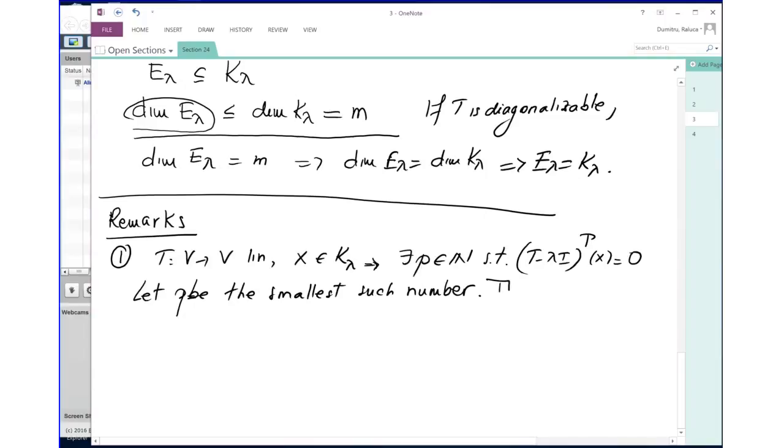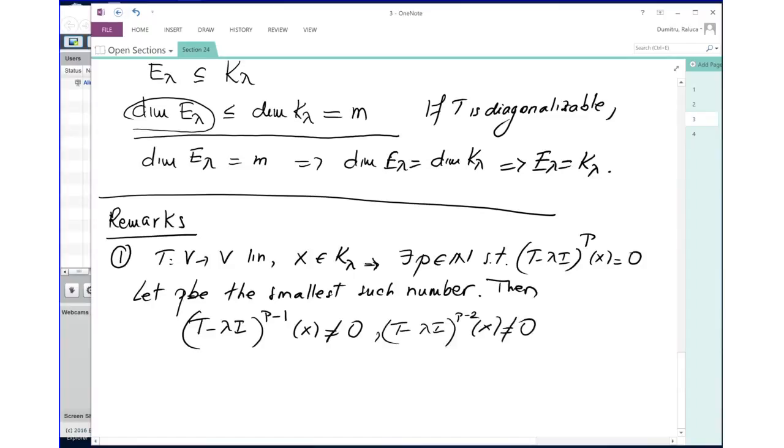If it's the smallest, that means that the powers that are less than that, so the p minus 1 power, when applied to x, is not going to be 0 anymore, right? Even if I subtract 2 from p and still get a positive integer, when applied to x, I'm still not getting 0. So it's the smallest number such that the power of T minus lambda identity applied to x gives you 0. x itself, I'm going to assume, is not 0, because otherwise all those values will be 0.